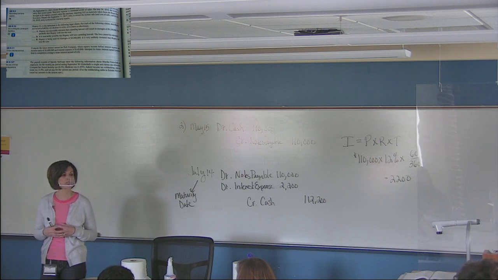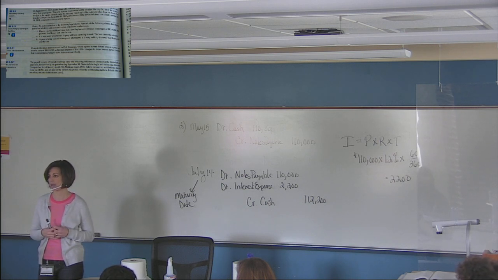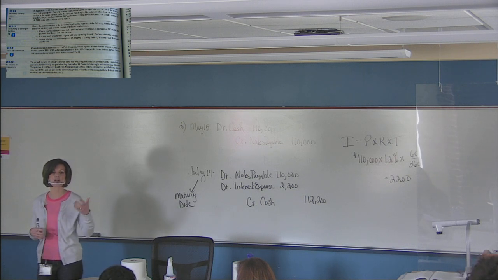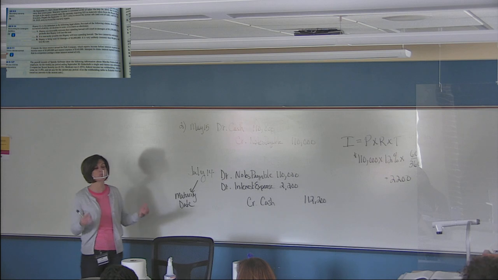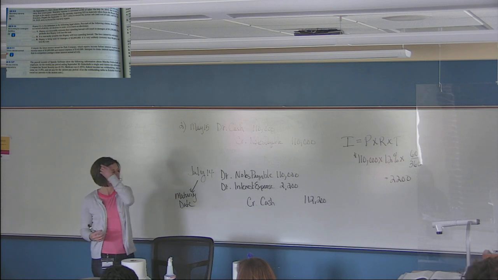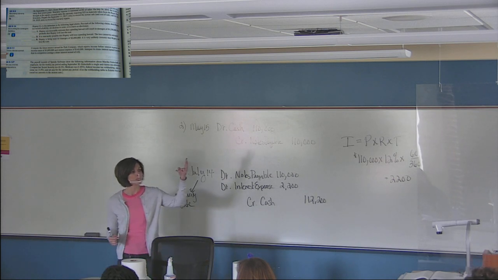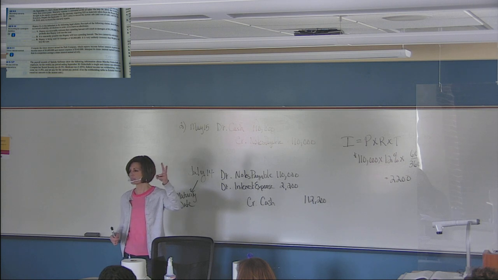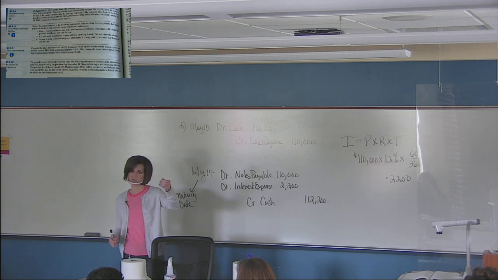So the first criteria was the likelihood that it would happen. Remember that? You guys remember that chart? And then we had to figure out, if it's likely to happen, can we estimate an amount? Those two things, it has to be probable and estimable, right? You have to be able to do both before you can actually create a journal entry. If it's probable, but you can't estimate it, then you can't do a journal entry.